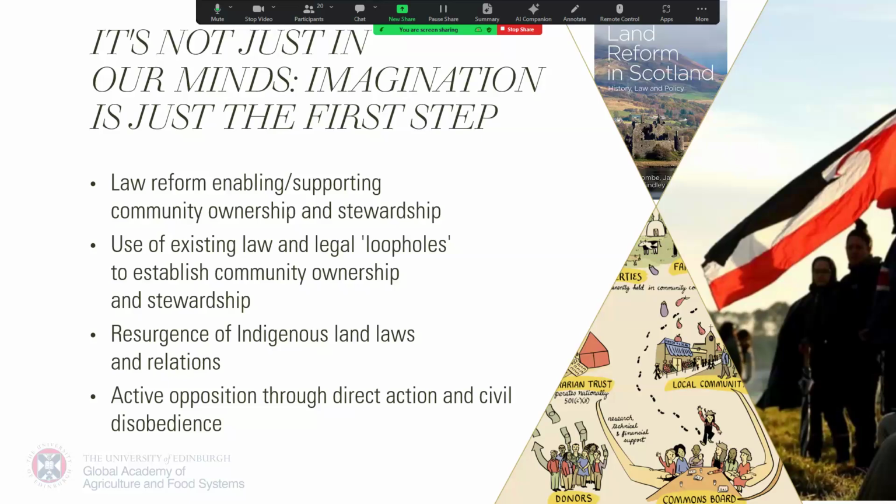It might also be through the revitalization in settler colonial contexts, such as New Zealand, of Indigenous land laws and relations, either in spite of or with limited support from the law of the colonial state. And it might even look like active opposition to dominant property laws and norms through interventions like squatting, occupations, and what we've seen recently in England with the Right to Roam campaign.